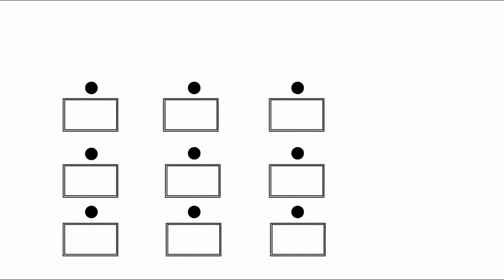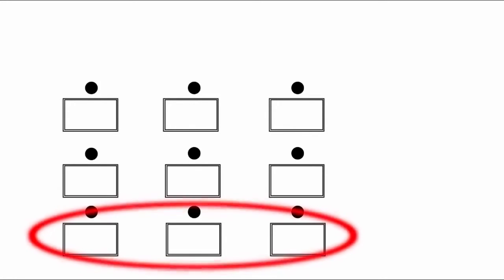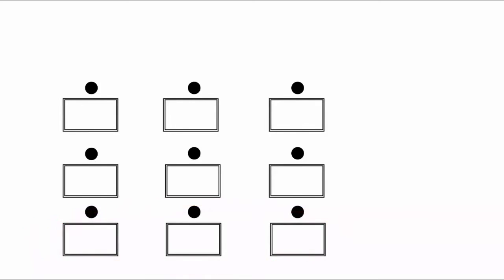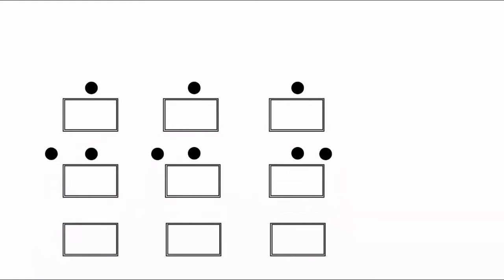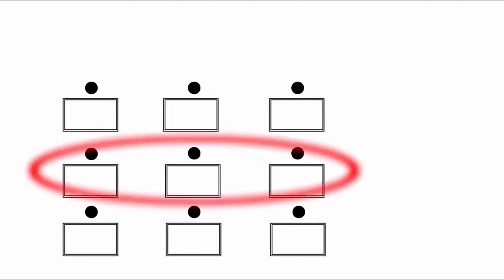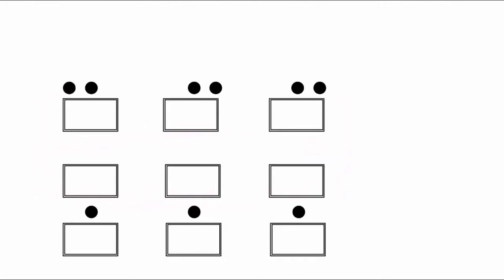And then once these first three people have their sentences memorized, then I will say whisper to the student behind them. And then the students will whisper to the student behind them, and then I will make the same instruction again to the students in the second row, and they will whisper to the people in the back row.